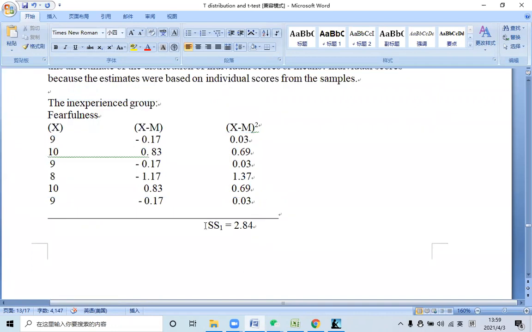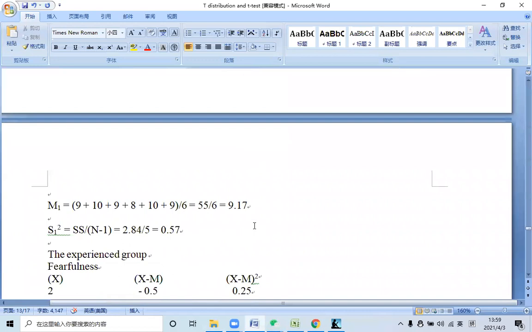And we can get the sum of square deviations, SS for group 1, 2.84. And you can calculate the variance for group 1, SS divided by n minus 1.